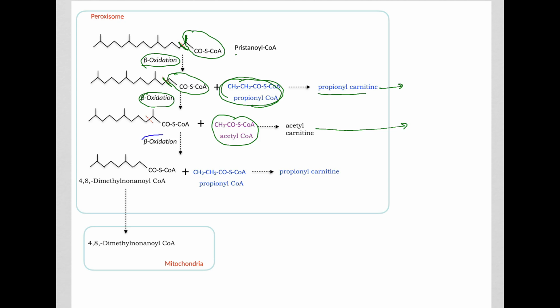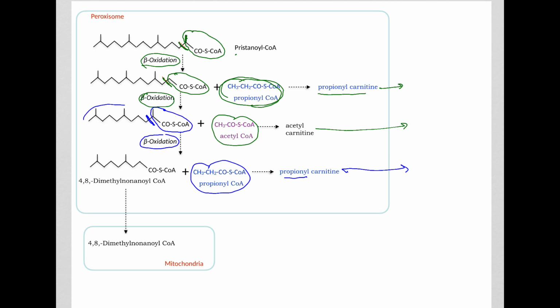And in the third cycle, once again, we break between alpha and beta, and this is again a branch area. So we get propionyl-CoA, which is converted to propionyl carnitine, and that is transported out of the peroxisome.